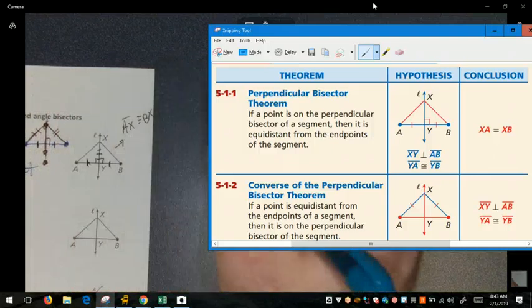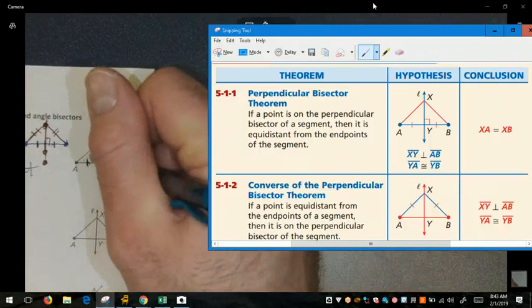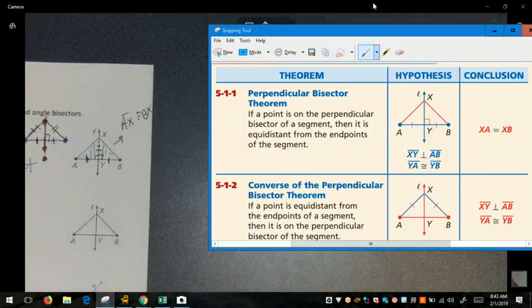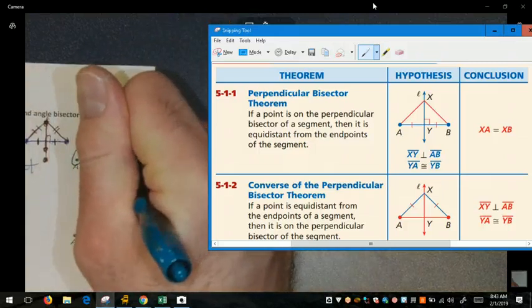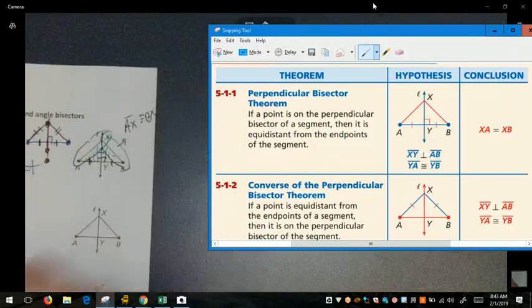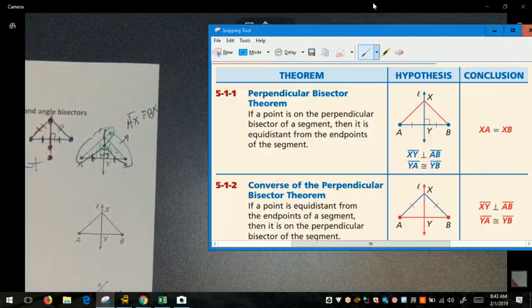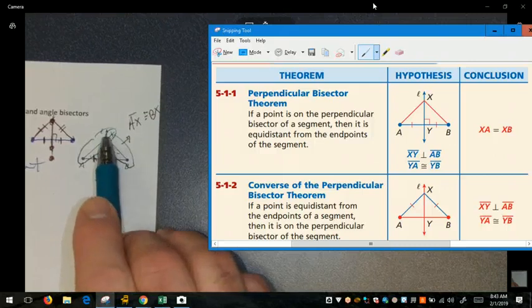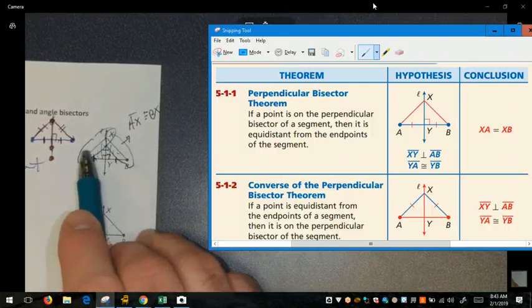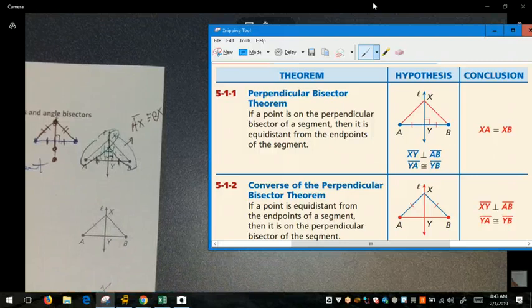And we have this reflexive, so we have 2 congruent triangles by side angle side, and by CPCTC, all parts of the triangles, including AX and XB, will be congruent. So we could prove this theorem very easily using congruent triangles. Right now, though, we're focused on if we see a perpendicular bisector, then we need to know that any point on that line is equidistant to those 2 endpoints.